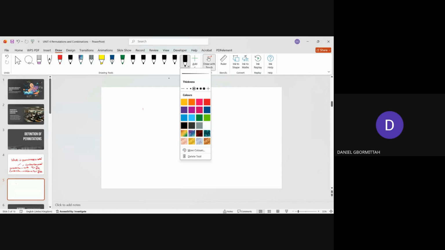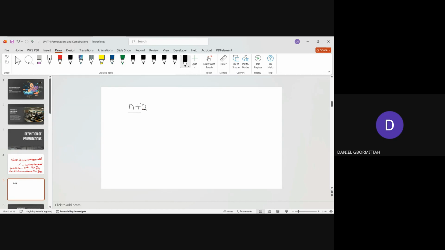Let me pick my pen. So you can be asked to do the following. That's n plus 2 divided by n factorial. I think I have to clean something.